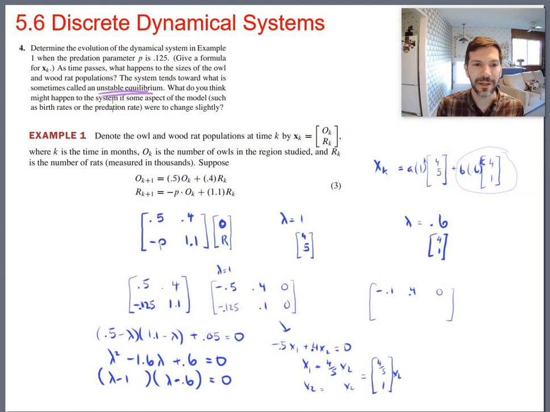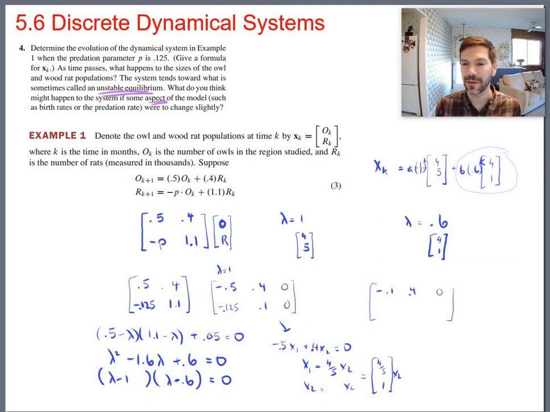And I think you can imagine that if some aspect of the model got tweaked just slightly, then this eigenvalue wouldn't be 1 anymore. If you tweak it a little bit, maybe the eigenvalue is 1.1 and both populations grow. That would probably come if you tweaked it by increasing the reproductive rate of the rats.